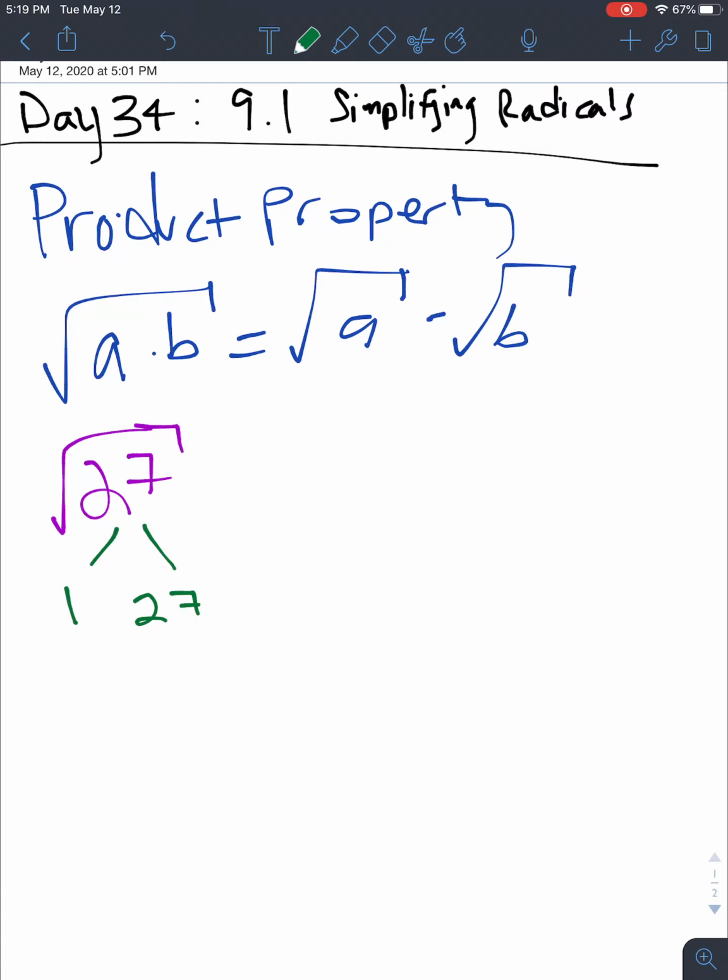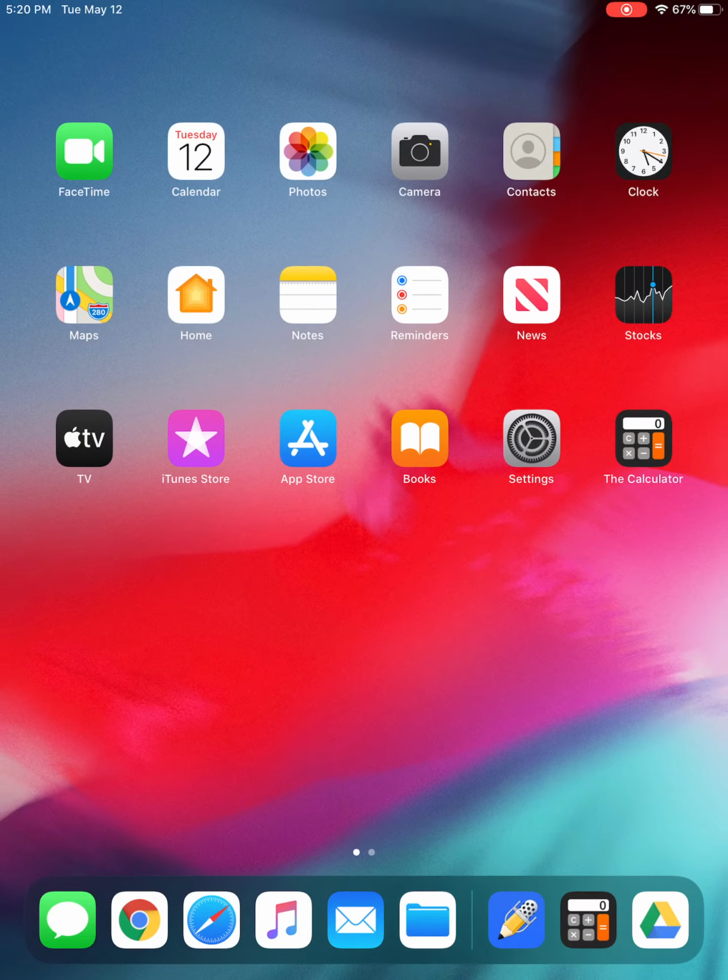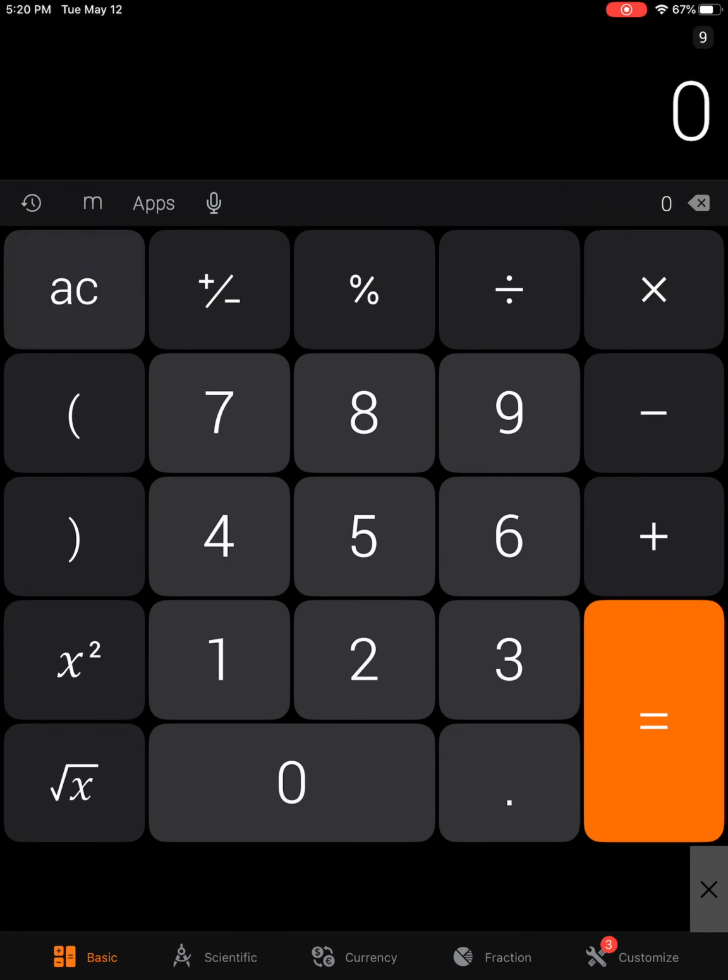But if you don't know how to do other numbers, well, then you just start listing the numbers out. So if I were to think of, all right, well, let's see if 2 goes into 27. Well, if you don't know your different factors of 2 or your multiples of 2, what you can do is go ahead and pull up your calculator.